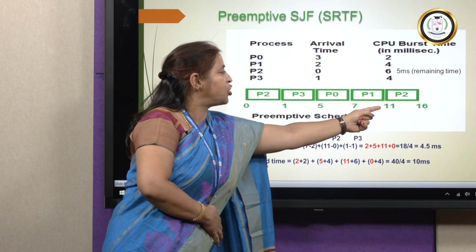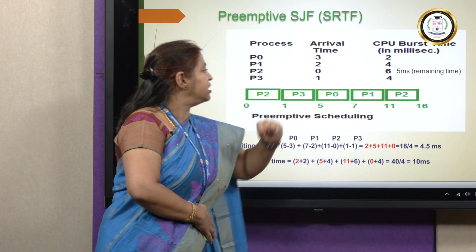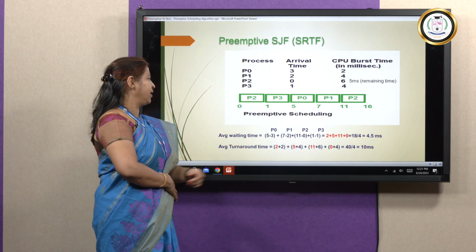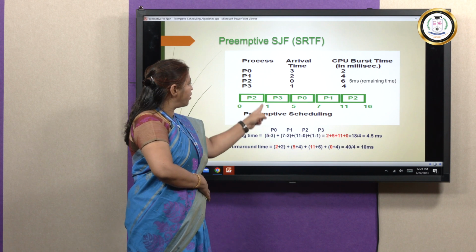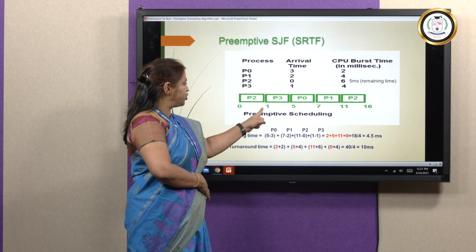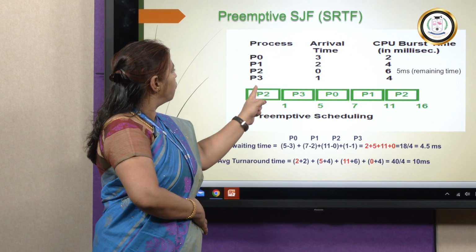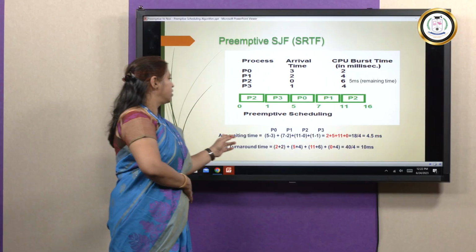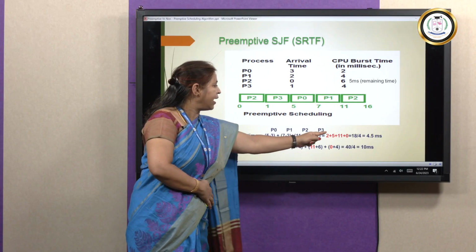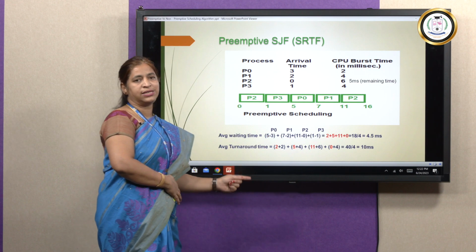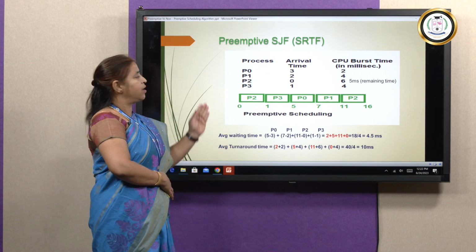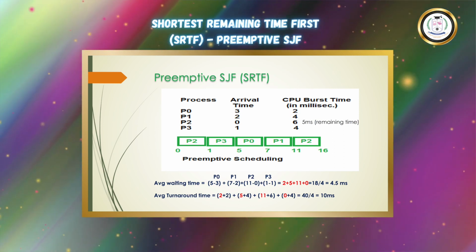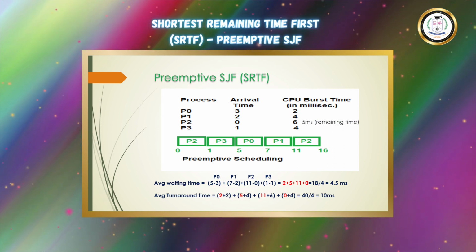P2, as per the Gantt chart, is waiting for 11 milliseconds, but it arrived at 0, so 11 minus 0 is 11. P3 was waiting for 1 millisecond as per the Gantt chart, but it arrived 1 millisecond late, so 1 minus 1 is 0. It doesn't wait at all. When you calculate accordingly, you have 18 as the total waiting time. We divide it by the number of processes, here 4, so we get 4.5 milliseconds as the average waiting time.